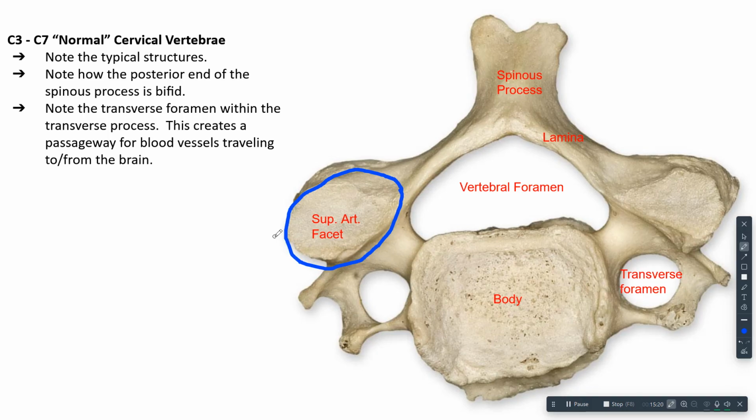But in the neck, think about your neck. You can rotate, you can bend, you can twist, you can roll it. Your neck is rather movable, so it has more flat superior articular processes. And we're seeing the smooth face right here, which is the facet. So those are the unique structures of a typical cervical vertebra.